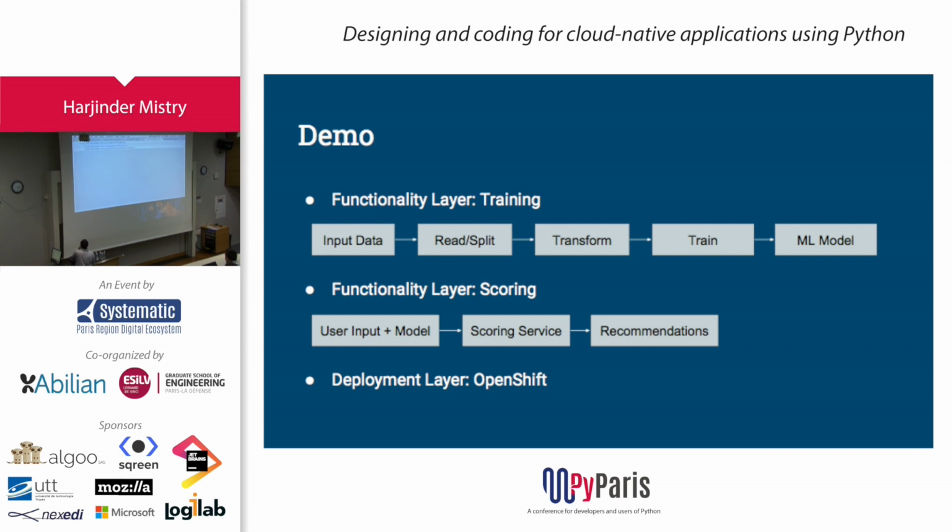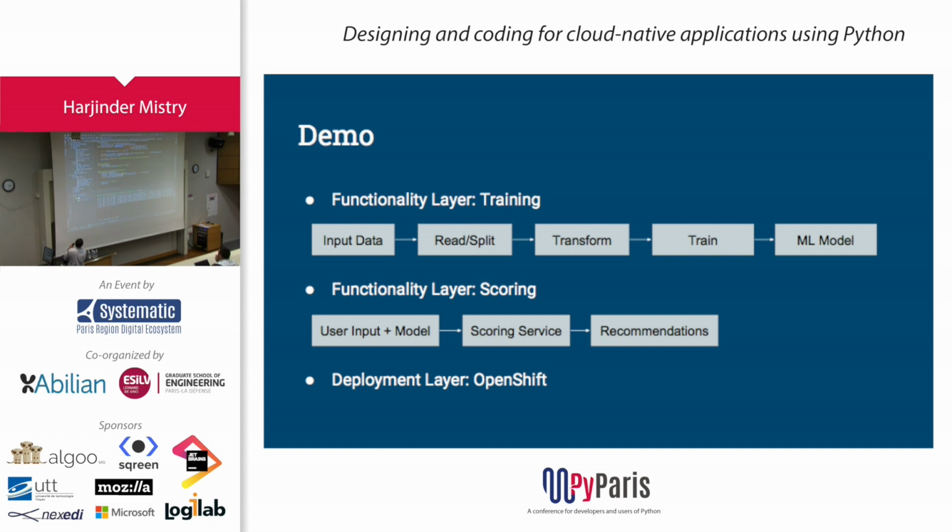Let me do this. /API/v1/recommend movies.